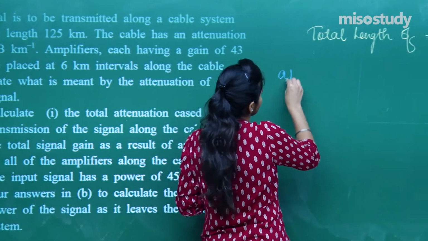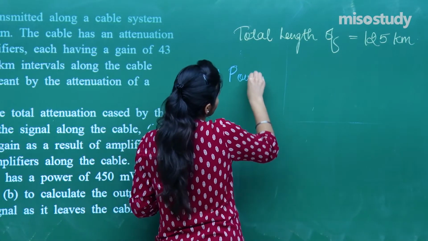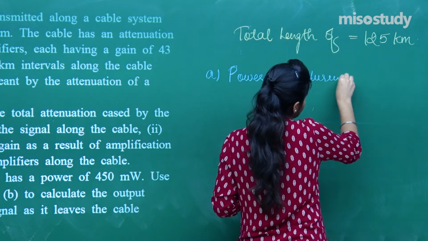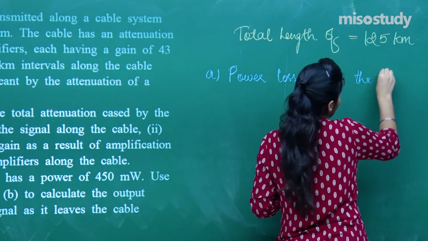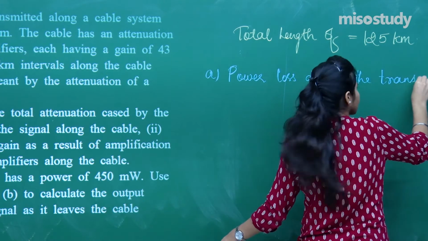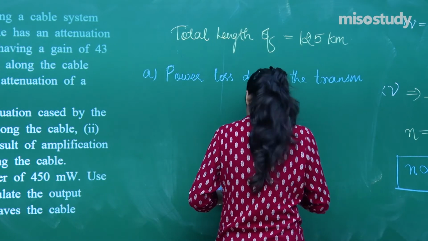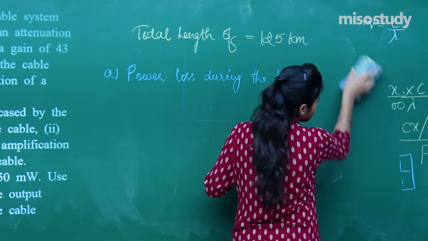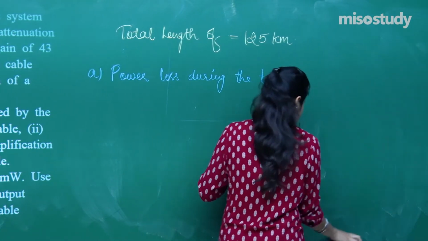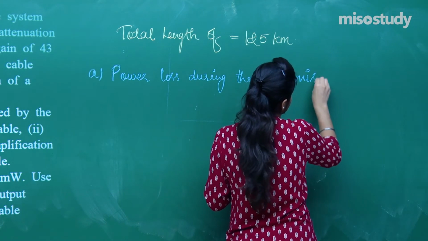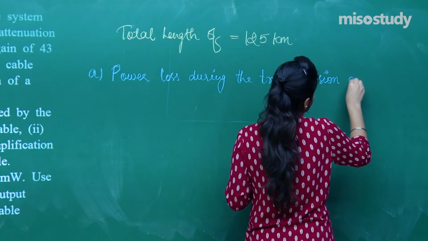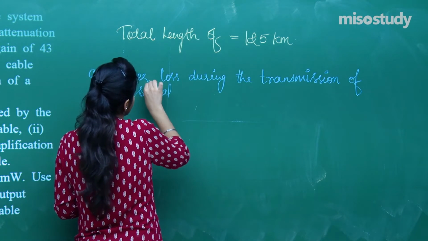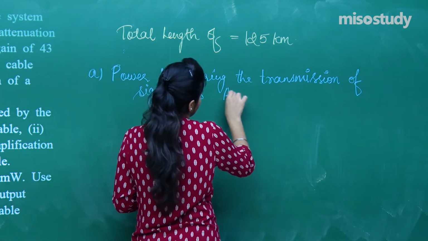So write down: power loss during the transmission of signal is attenuation.